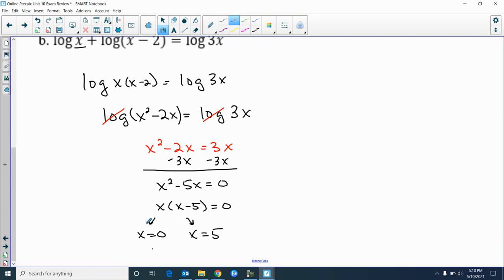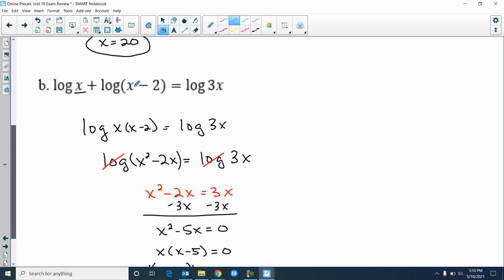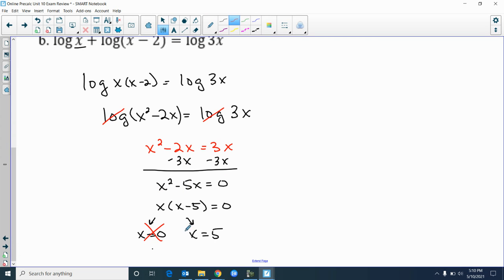That one has to be thrown out. I need to see that, and you need to show that it gets thrown out, however. And then x equals 5, you plug that in. That's a positive number. That's a positive number. That's a positive number. So x equals 5. That is our final answer. Okay, but you've got to show me 0 doesn't work.